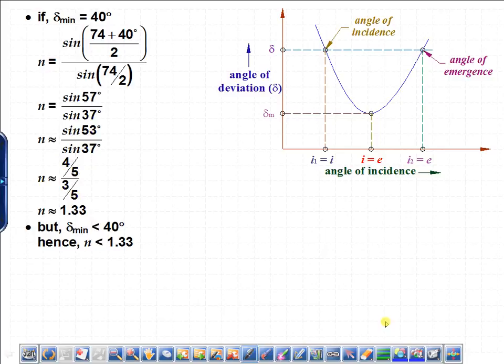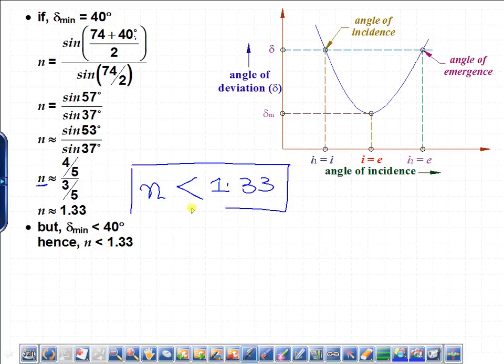Again, very clear, this is the value of n obtained on the larger side. Obviously n should be lesser than this, because the deviation angle has to be lesser than 40 degree. So we can say that n should be lesser than 1.33.